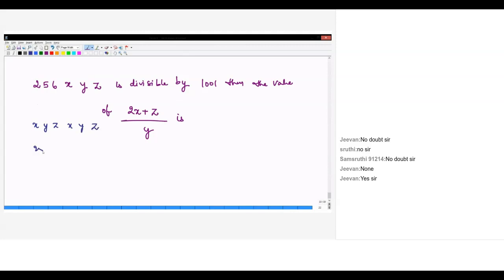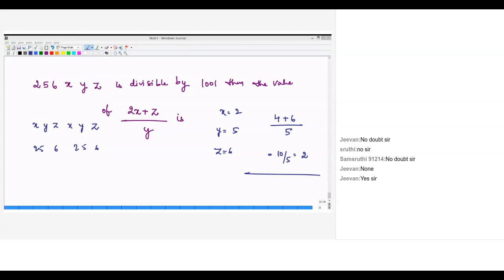Therefore, it is 256, 256. X is 2, y is 5, z is 6. 2 into 2 plus 6, divided by 5, is 10 by 5, which is equal to 2. Understood? Very, very, very important. You may expect a question from divisibility rules.